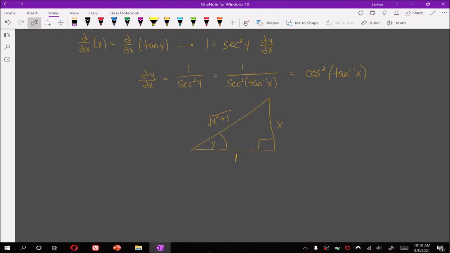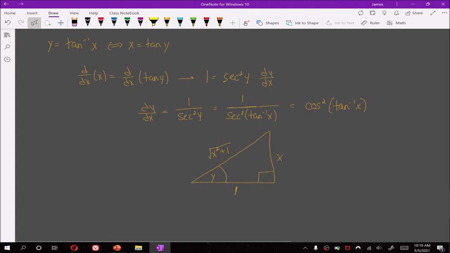We also have to take into account that the range of the inverse tangent is negative pi over 2 to pi over 2, not including those two endpoints, right?